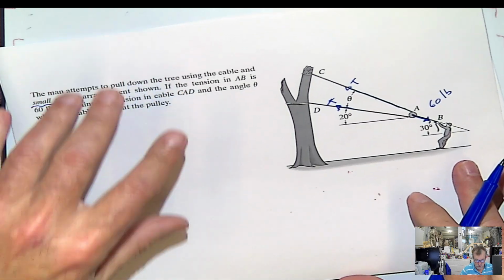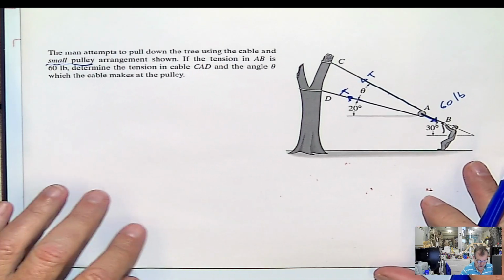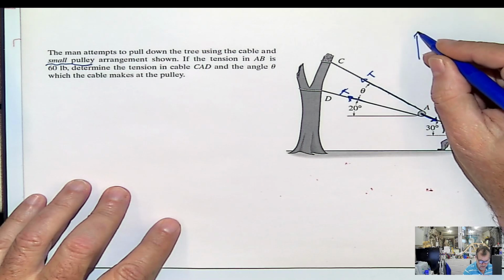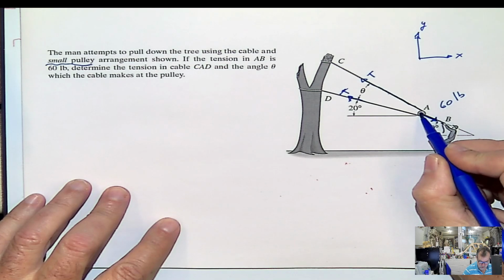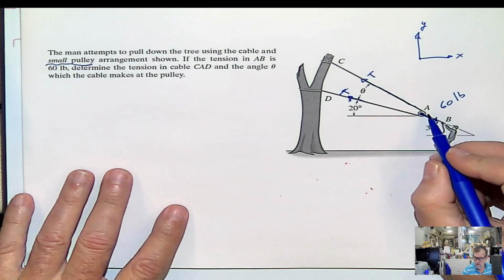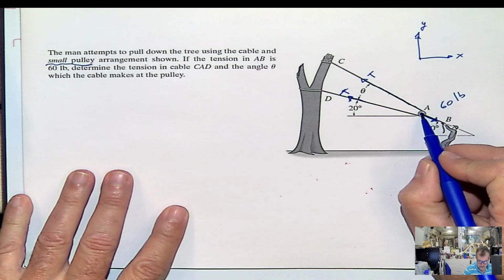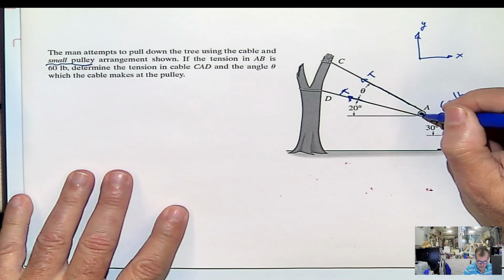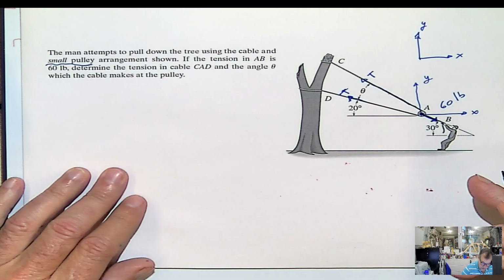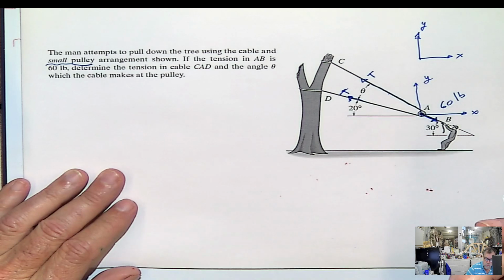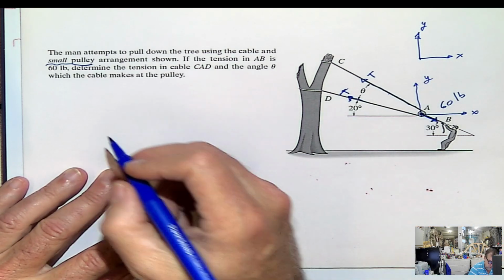But I'm going to try to do it like if I don't know that. So I'm going to assume that this is X and this is Y. In other words, if this is my particle, this is going to be the X direction, and this is going to be the Y direction. If I do that, remember we have two equations, summation of forces in X, summation of forces in Y.